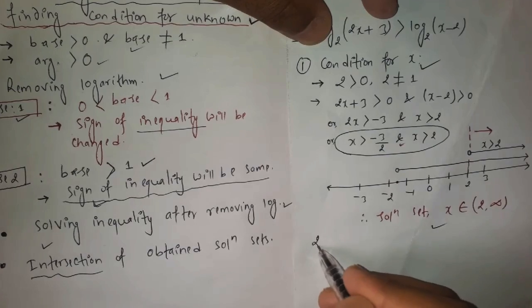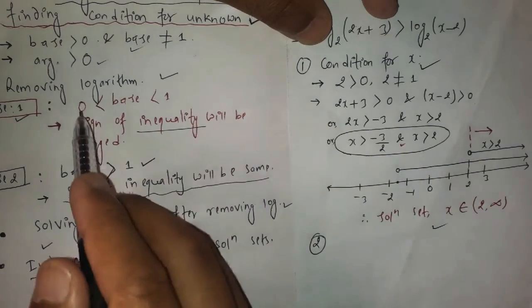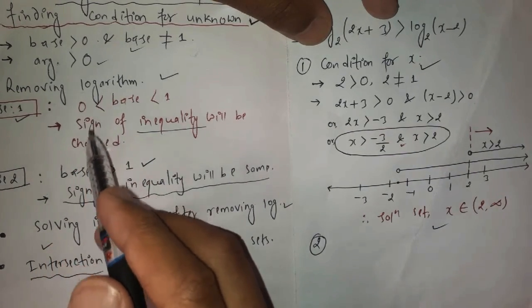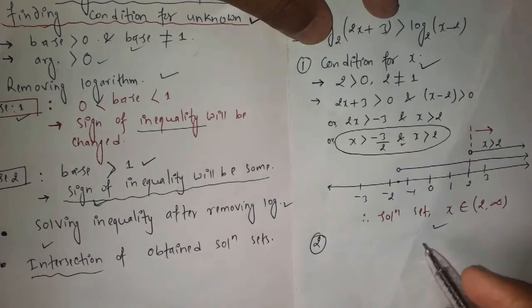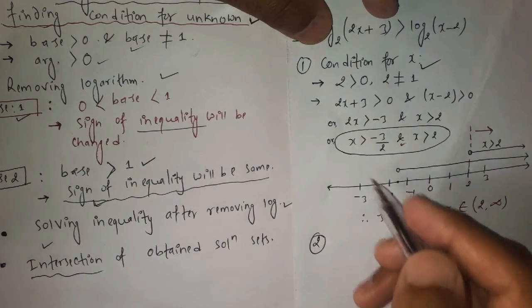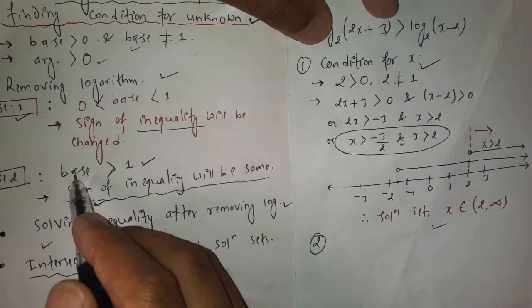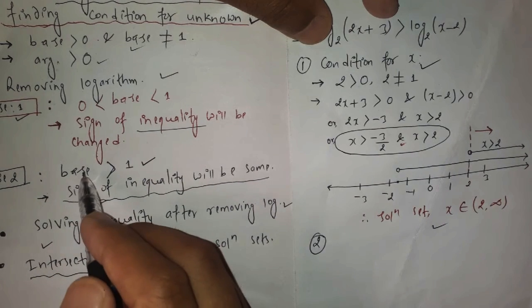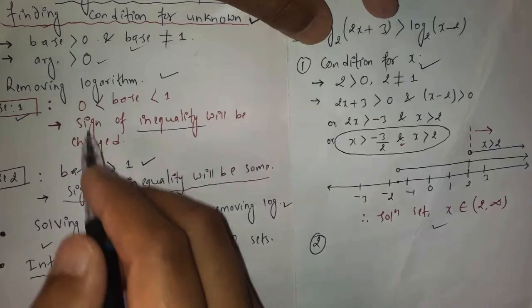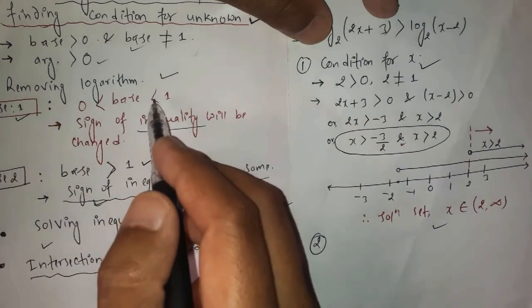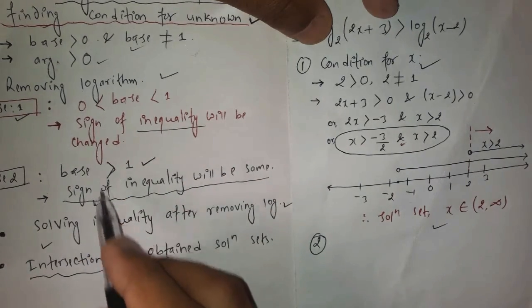The second step is removing the logarithm. For removing the logarithm, we first have to observe the base of the logarithm. The base either lies between 0 and 1, or it is greater than 1.